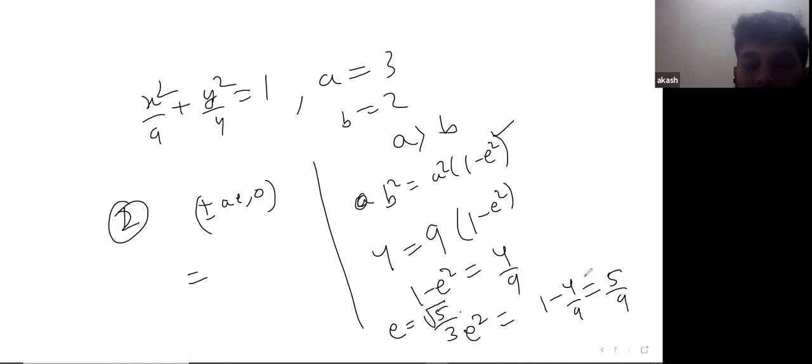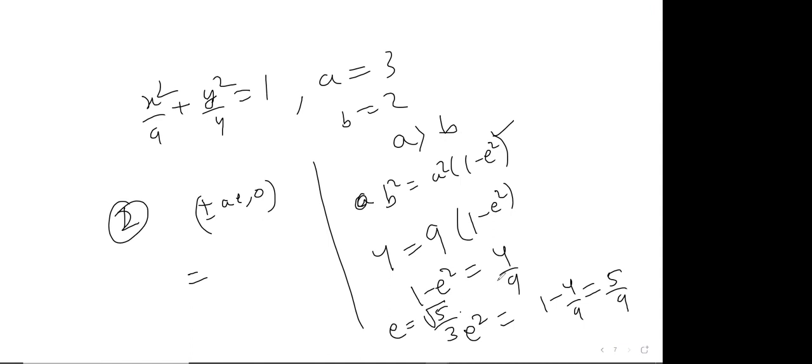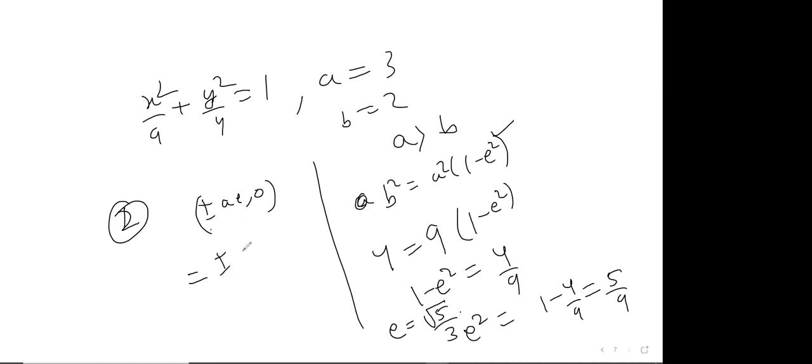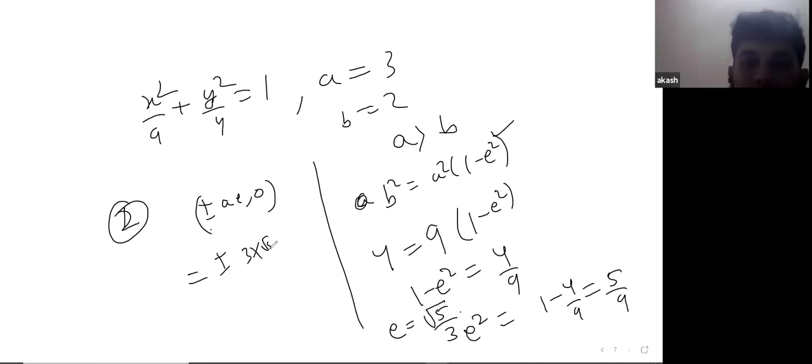So the coordinates of foci will be plus minus A into E, 3 into root 5 upon 3, comma 0.